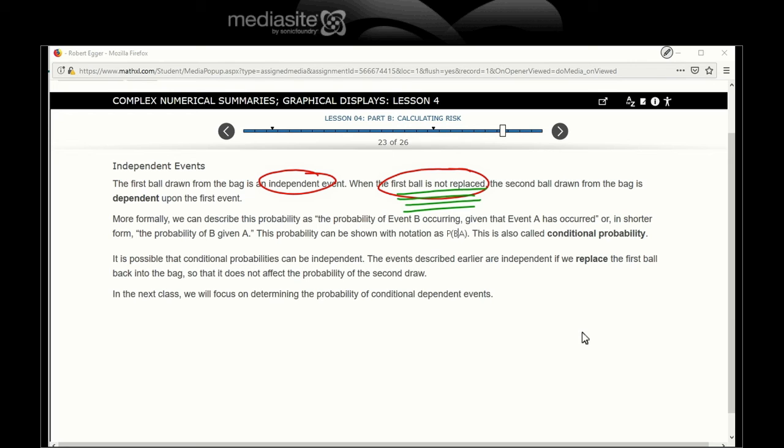More formally, we can describe the probability as the probability of event B occurring given that A has occurred. Or in shorter form, probability of B given A. And in shorthand, that's how we show it. And we give it the name conditional probability.